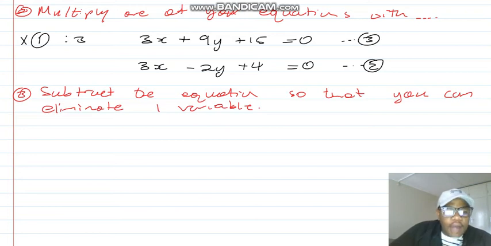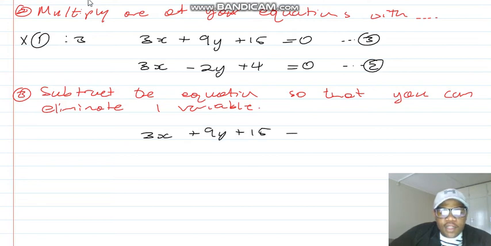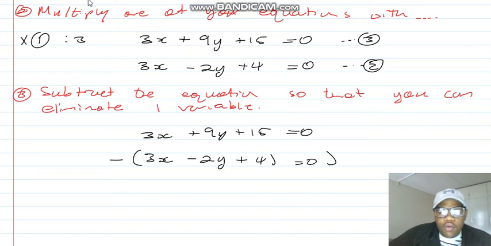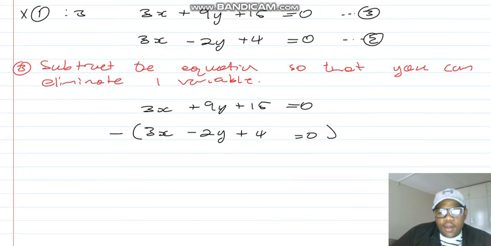Okay, so now what do we have? We have 3x plus 9y plus 15 is equal to 0. We want to subtract this equation, which is 3x minus 2y plus 4 is equal to 0. That bracket is not there, right?